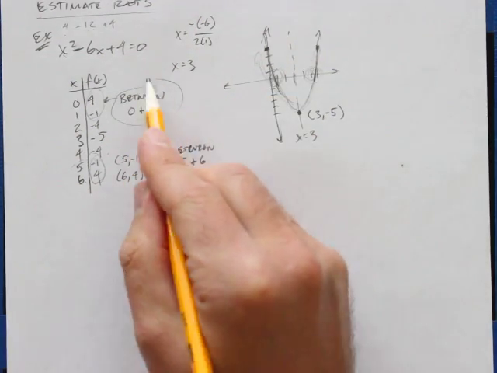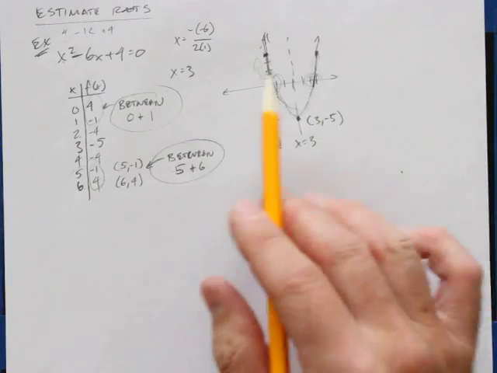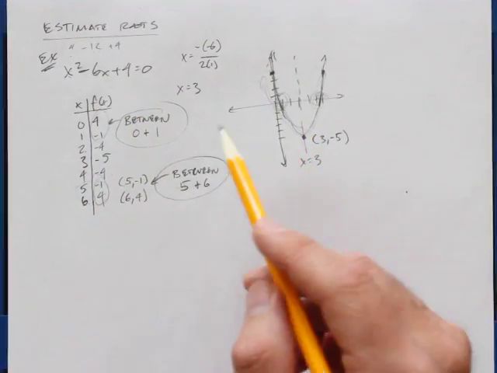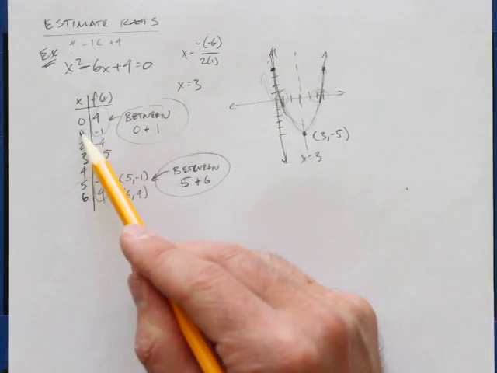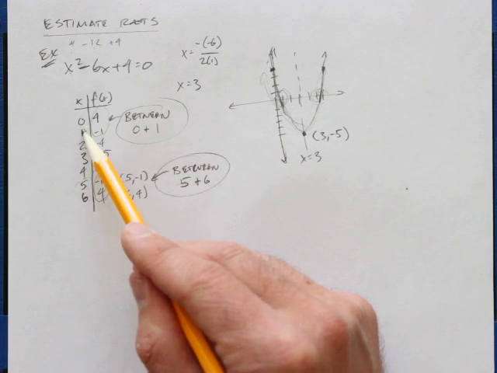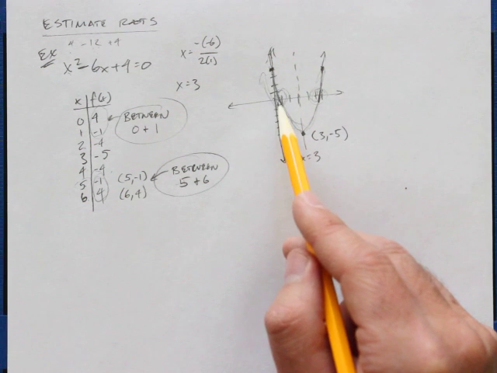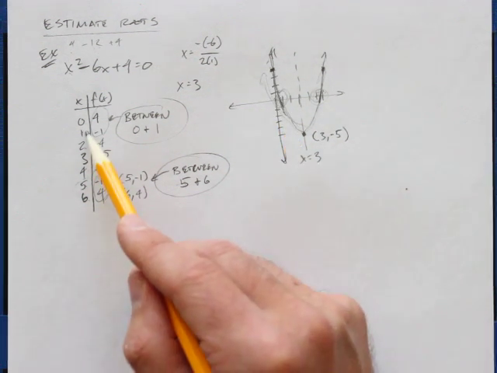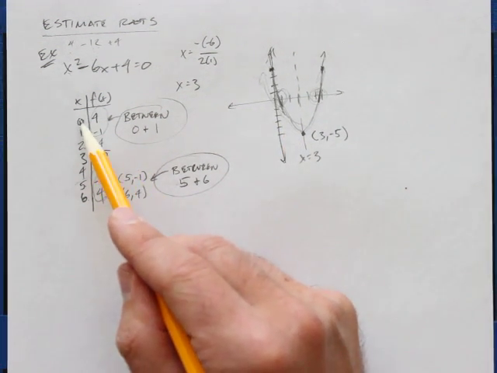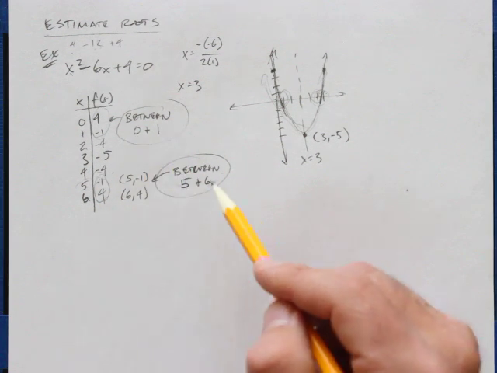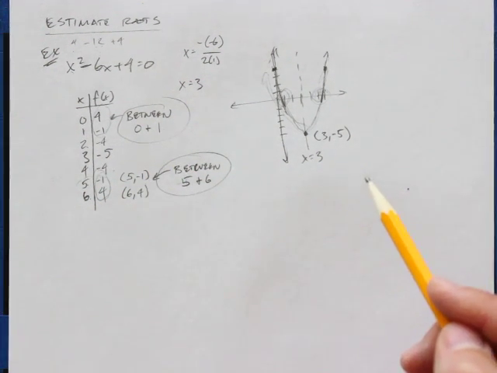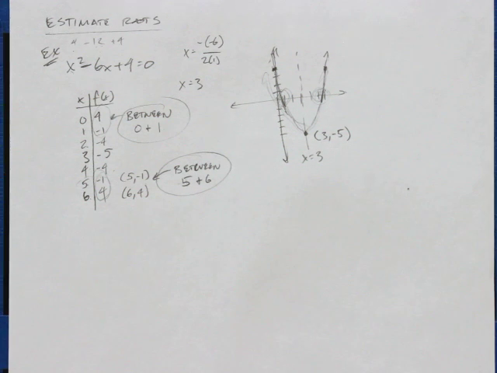So this would be your answer for this kind of a question. If you're going to estimate the roots, what you're just doing is finding the x values that straddle where the parabola crosses the x-axis. So between 0 and 1, between 5 and 6. And that is the end of 4-2.